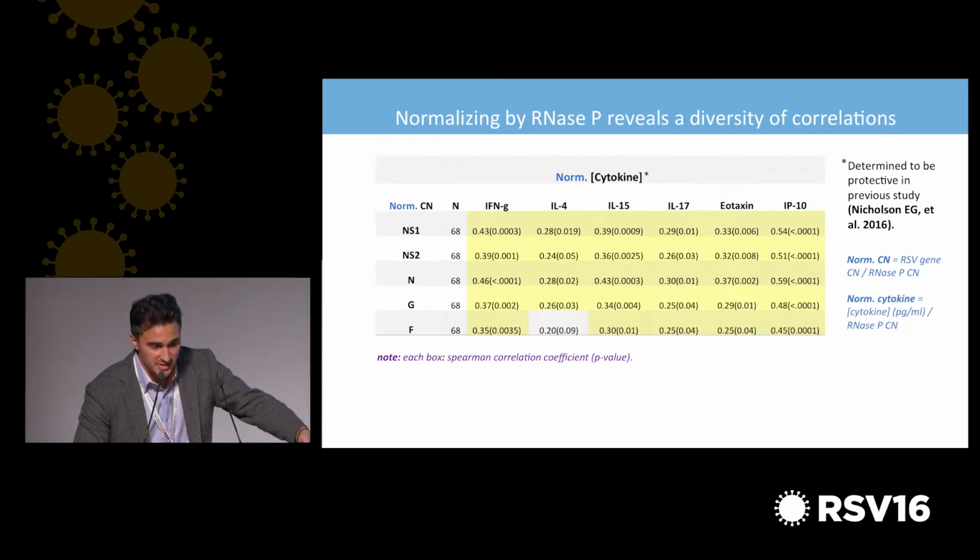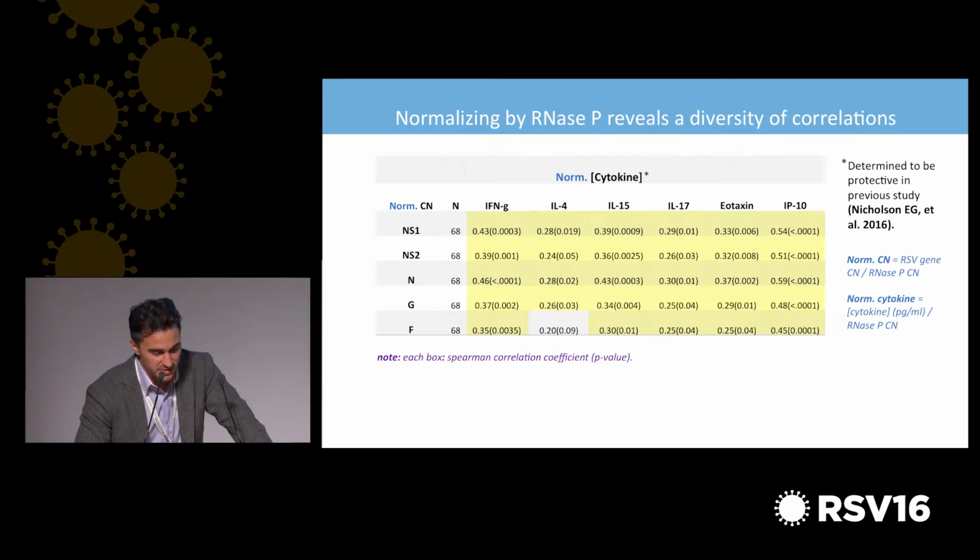And when we normalize the data, so we divide RSV gene copy numbers and cytokine concentrations by RNase P copy numbers, just about everything becomes significantly correlated. So it's interesting because the cytokines, again, were shown in a previous study to associate with clinical outcomes.